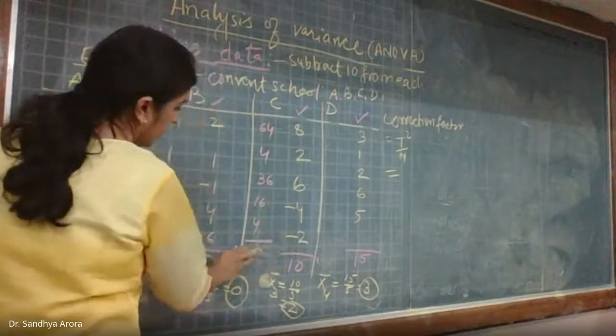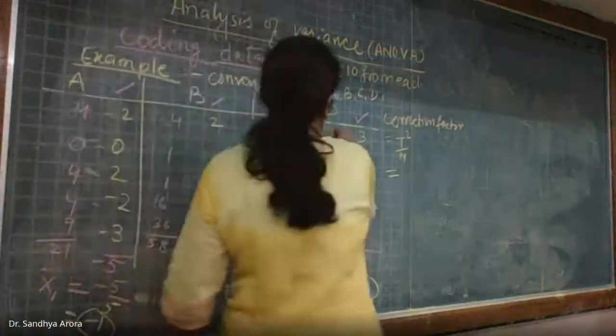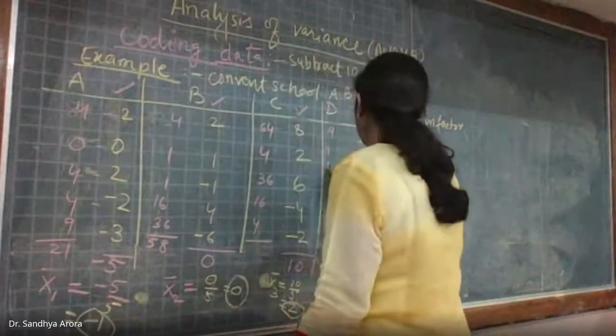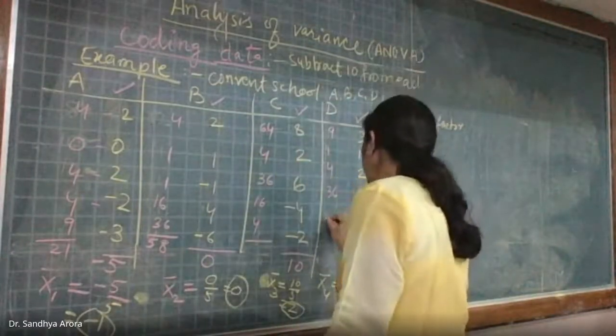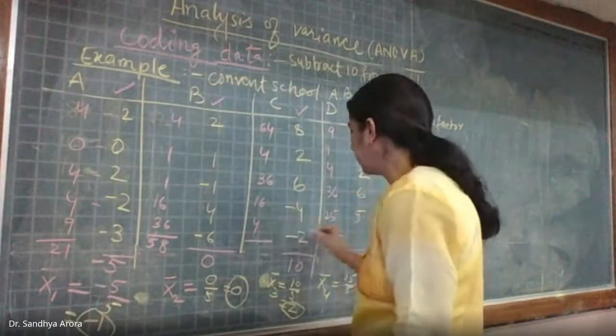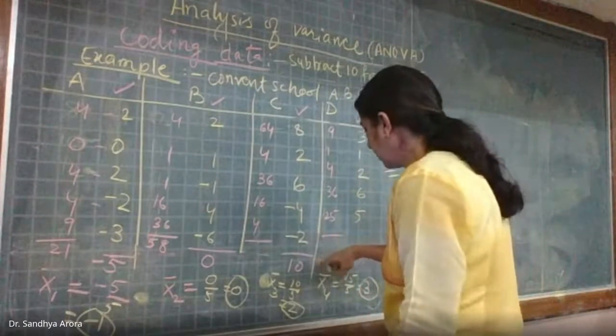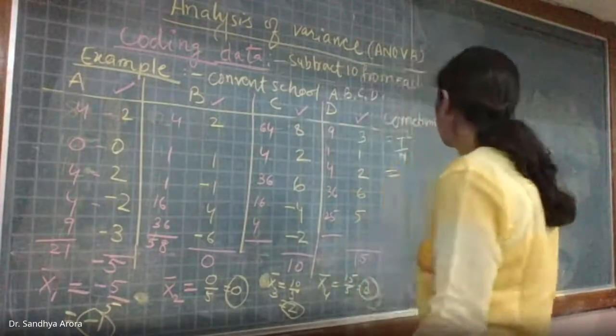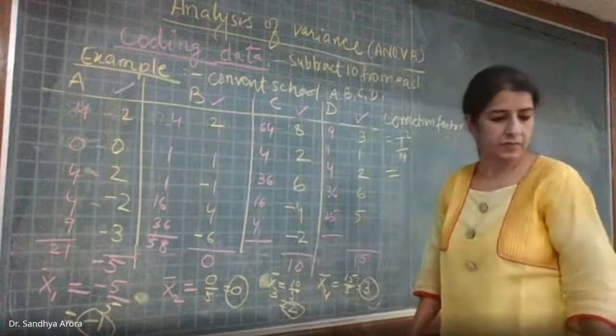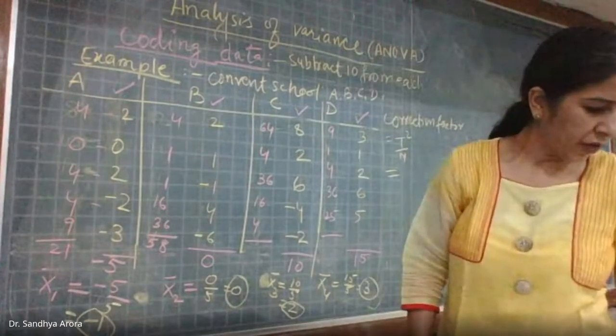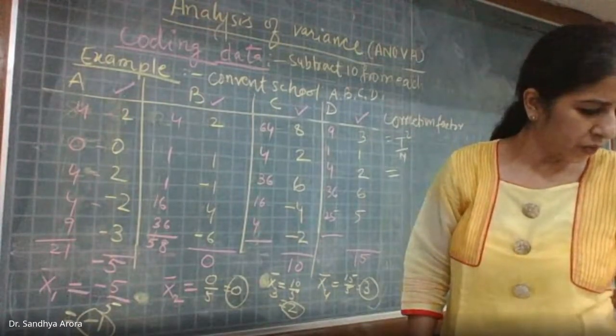Do the addition of this, please. What is the addition of this and this? So your correction factor will be how much? I have not calculated it, I am doing it with you.